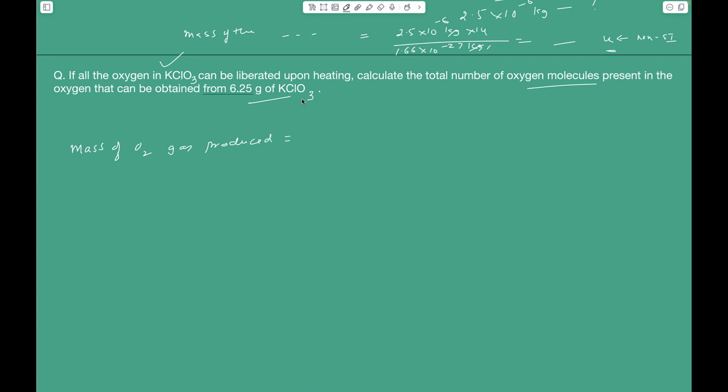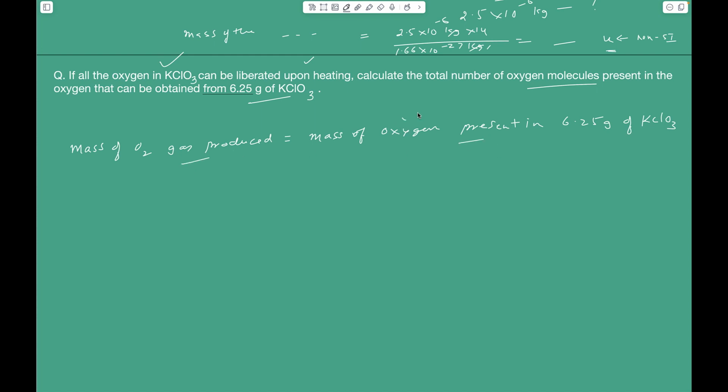Because all the oxygen present in this sample gets liberated upon heating, the mass of oxygen gas produced from this sample must be equal to the mass of oxygen present in this sample of potassium chlorate. So if you can figure this out, you would know this.